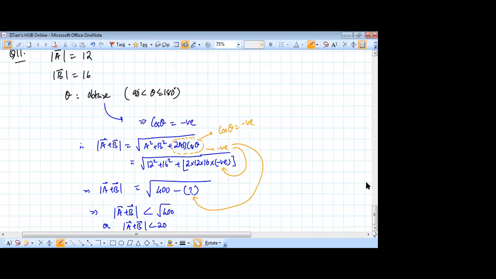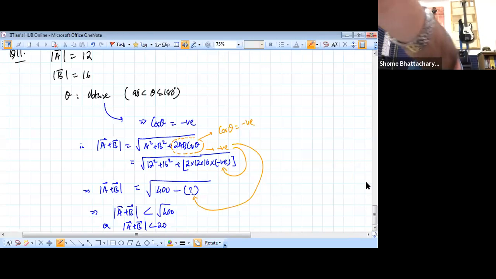Correct. Yes, we have to join them head to tail. That's true. Yeah, you have to basically draw the figure.